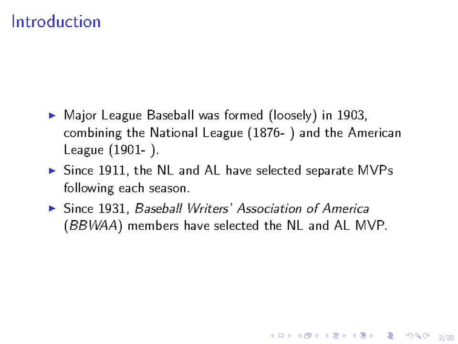MVP award because these two leagues have maintained two separate MVPs throughout the history of MLB. Since 1911, the NL and AL have selected separate MVPs following each season. Since 1931, Baseball Writers Association of America members have selected the NL and AL MVPs respectively.